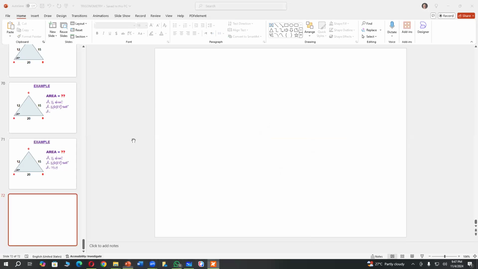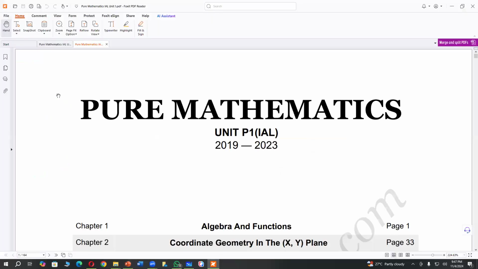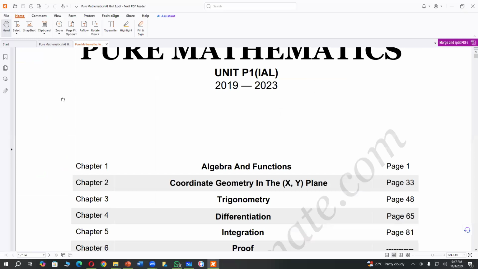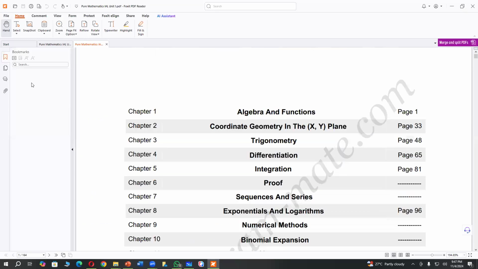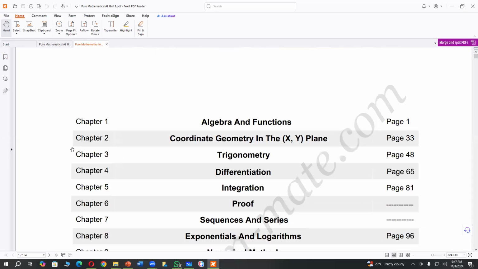Now, can you open that file, this one which I had shared with you? And if you can open it on a parallel device, you can scroll it when it is needed. Chapter number 3, trigonometry, page number 48.